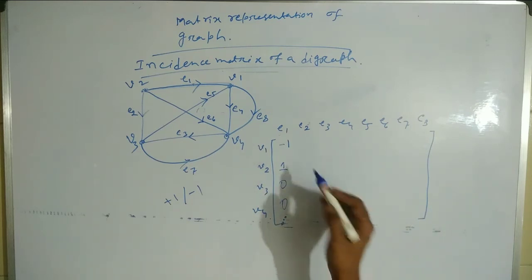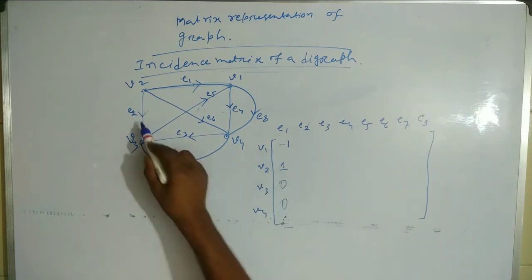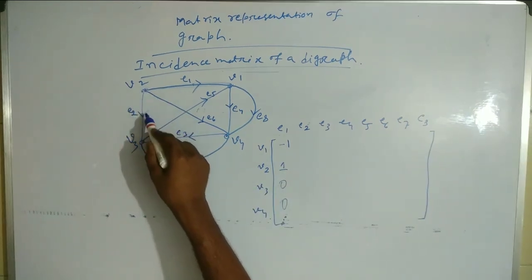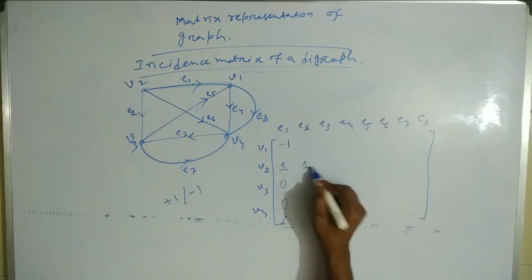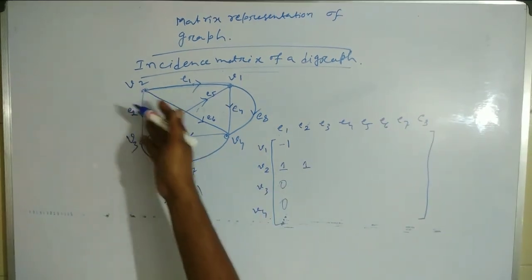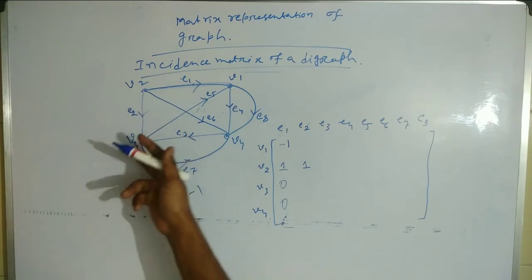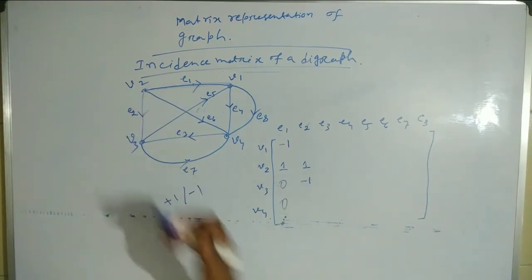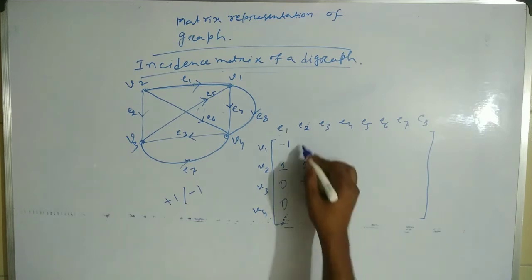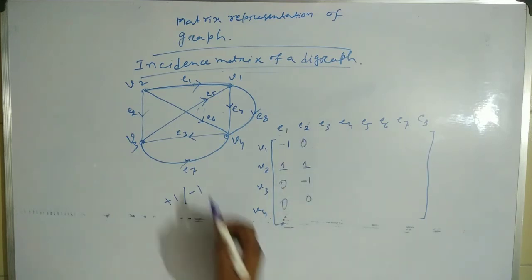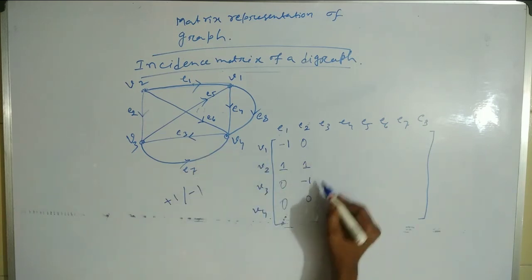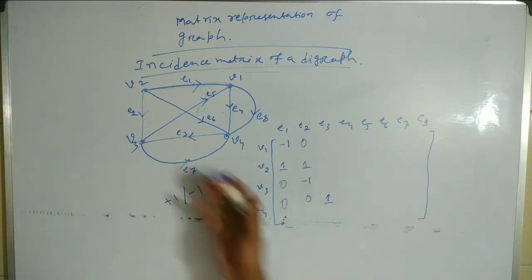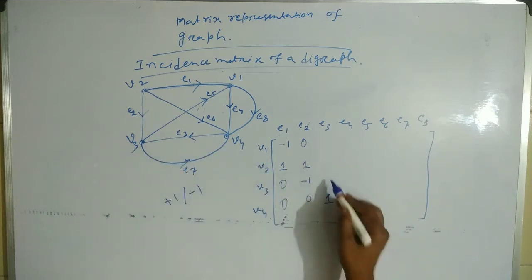Now for E2, E2 is going out from V2 and going into V3, so you have to put +1 in V2 since it is going out from V2, and you have to put -1 in V3, according to the direction. So other will be 0. Now for E3, in V4 we are putting +1, and in V3 we are putting -1.